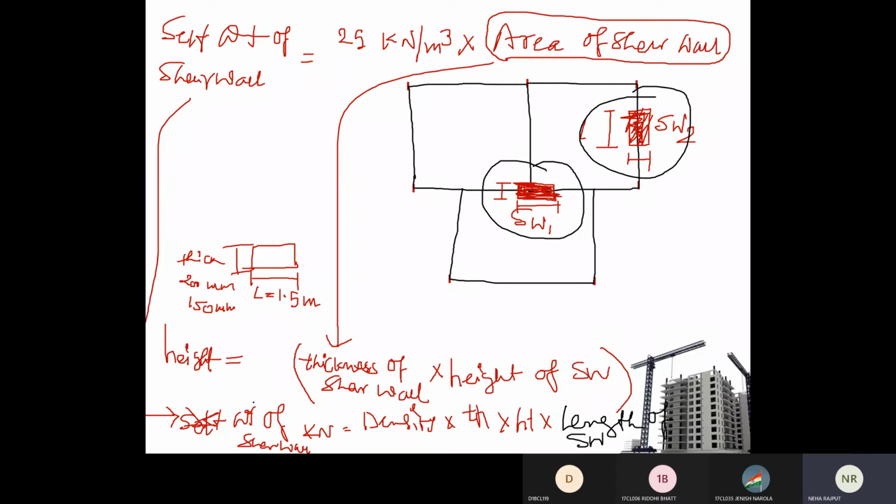So here in the weight of the shear wall in kilonewton, the changing parameter you need to consider is the length.